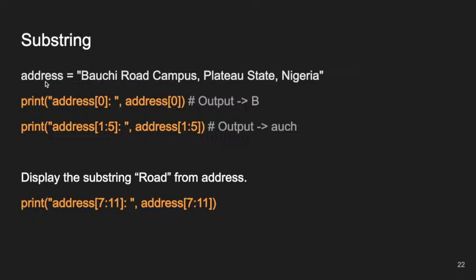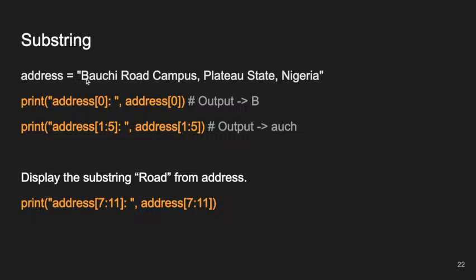Just like your list variable type, you can access each index using the square brackets. It's the same thing for your string. If you print address and supply 0 to the square bracket, you get the first element in the string.